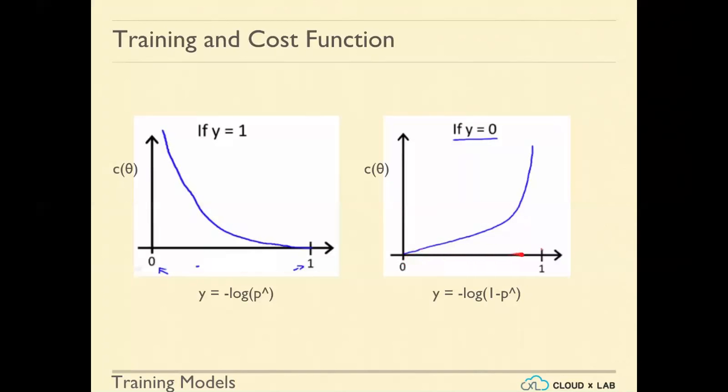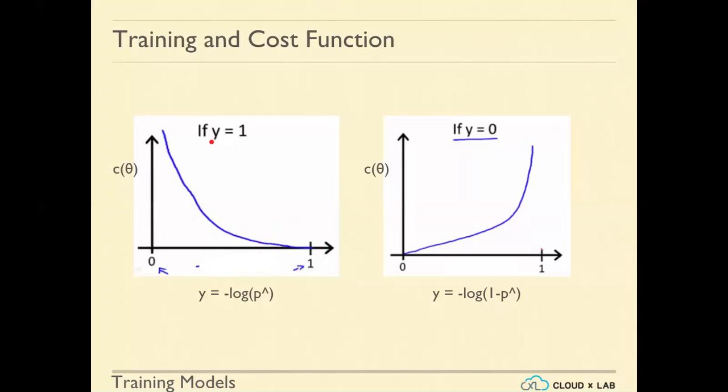If the probability goes higher, the cost goes higher. So we will have to find those thetas, regress over those thetas, where the cost is small.